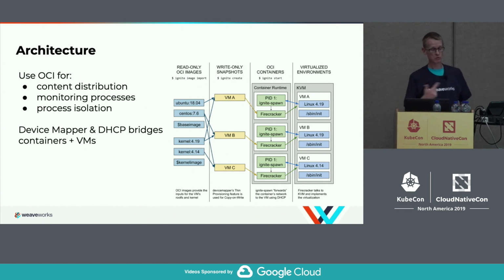This one seems weird to me when I look at it, because I think, okay, we have KVM and we have virtual machines running in KVM. Why do I have a container there that matches it? So the container's there for a couple of reasons. One, if you were to break out of your virtual machine and get access to the host and get access to Firecracker, you've kind of got the keys to the kingdom, right? And you can mess with everybody else.